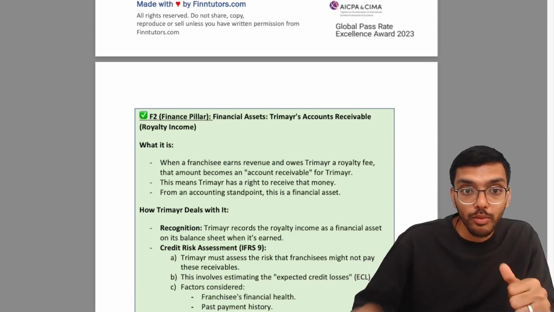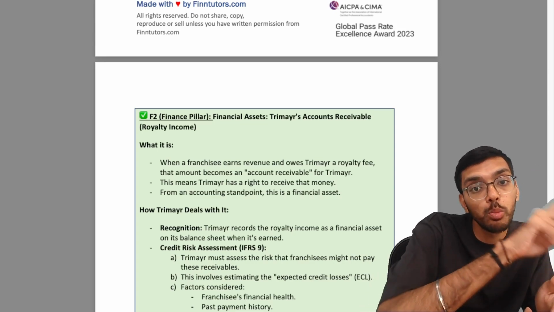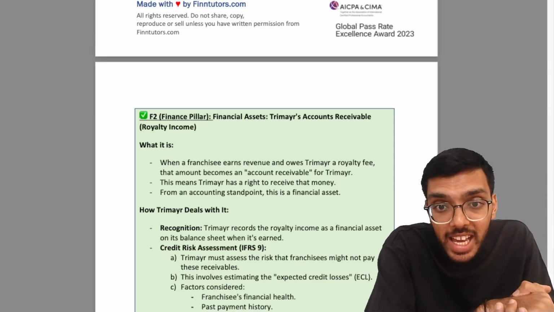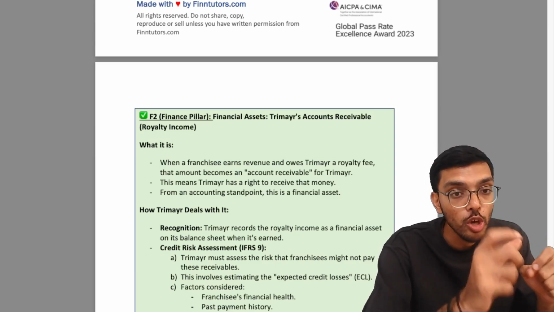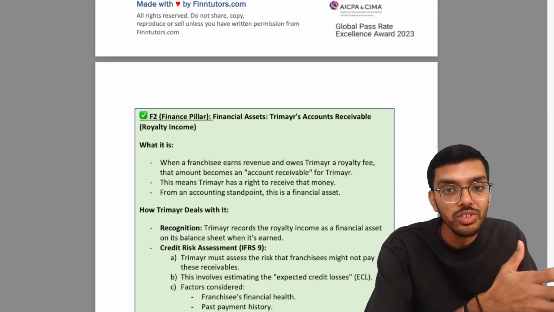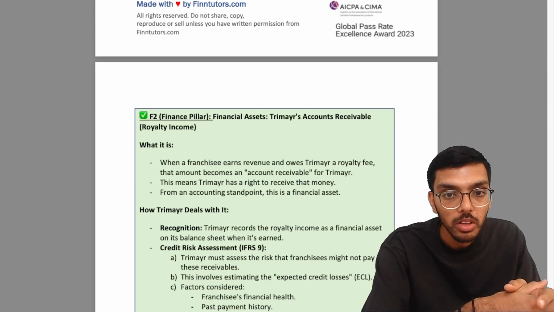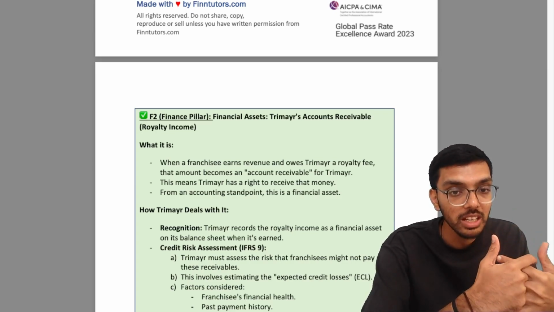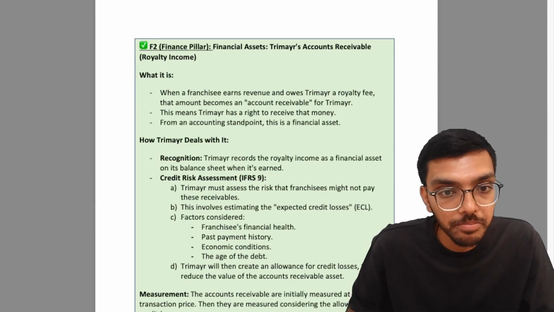Remember that. Financial assets, financial liabilities is in your F2, in your F2 IASs. So Trimayr's account receivable, which is your royalty income. So when a franchisee earns revenues and owes Trimayr a royalty fee, this becomes account receivable. This is your right to receive your money, and from an accounting standpoint, it's a financial asset.